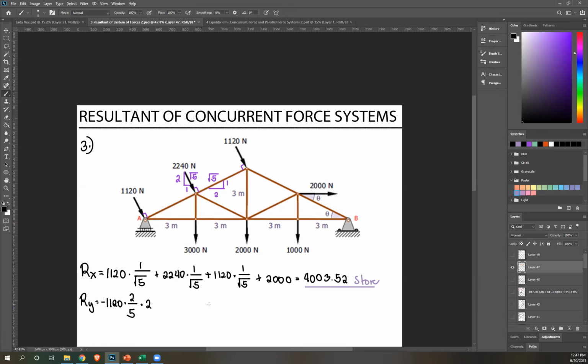So I don't have to solve for that anymore. Next, this is also downward, so negative 2240 times 2 over square root of 5. Once again, this is already here. Next, downward, so negative 3000, negative 2000, negative 1000. This does not have a vertical component. So that's it. Please solve what's Ry.